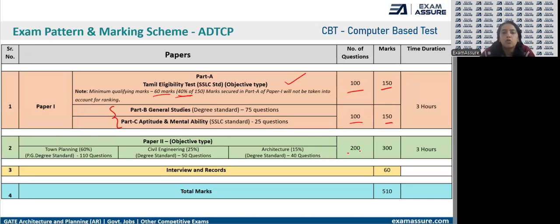So a total of 200 questions for 300 marks. The interview would consist of 60 marks. So for your qualification, marks from your part B, part C, and paper 2 along with the interview will be calculated. That would add up to 510 marks.